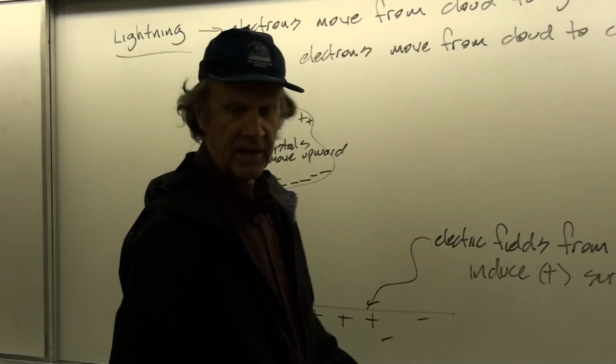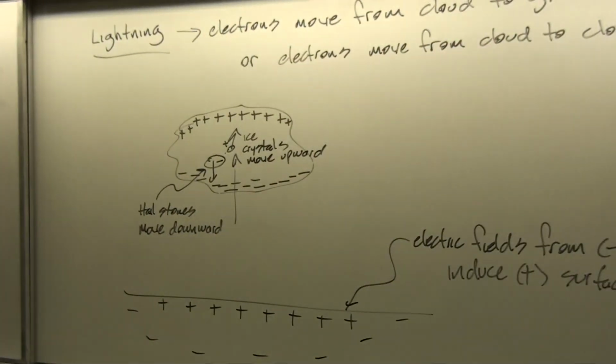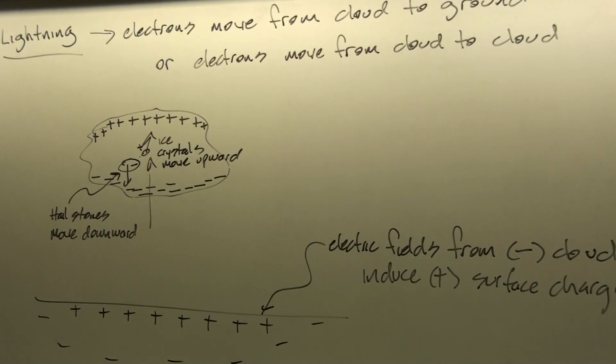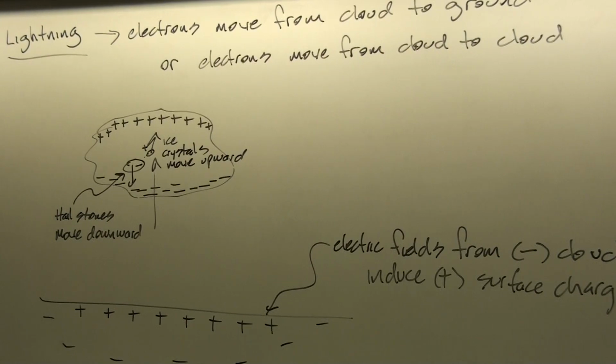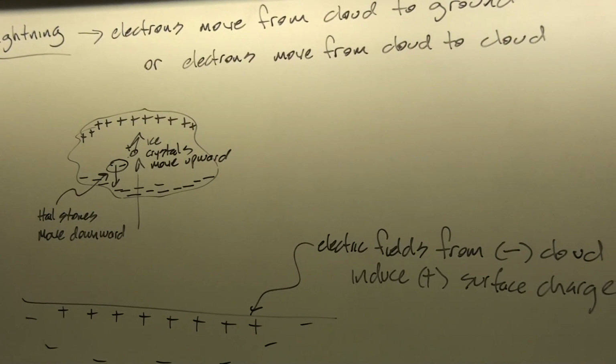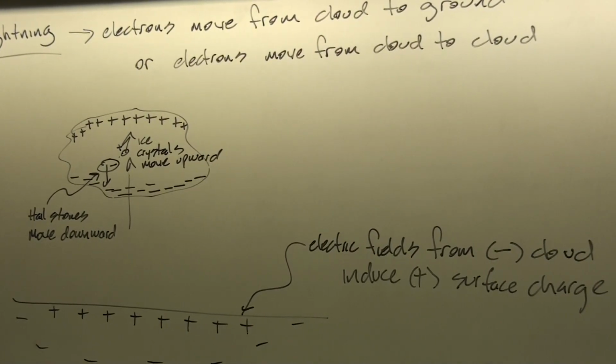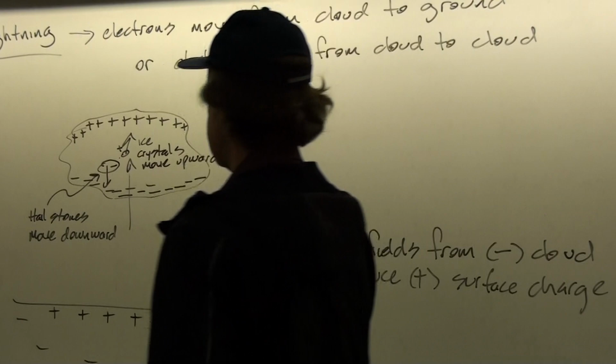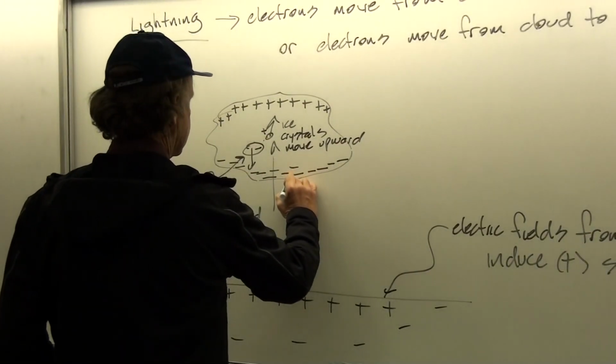And so what begins to happen then is that we get a motion of electrons going from the cloud to the ground. But this is not a lightning bolt yet. What we get instead is a pooling of electrons.